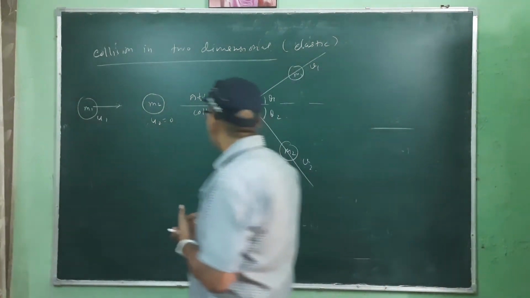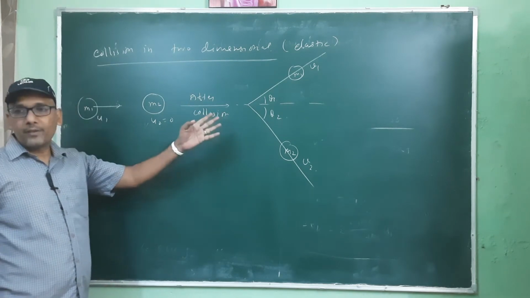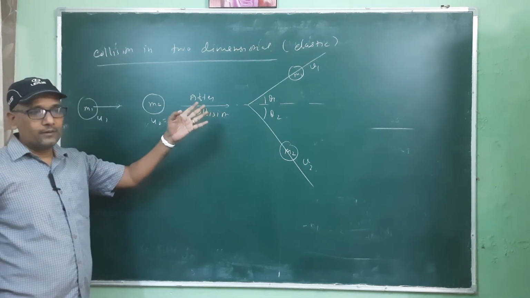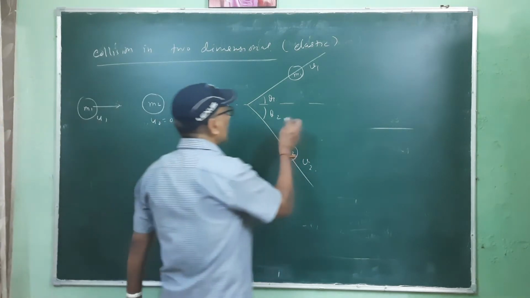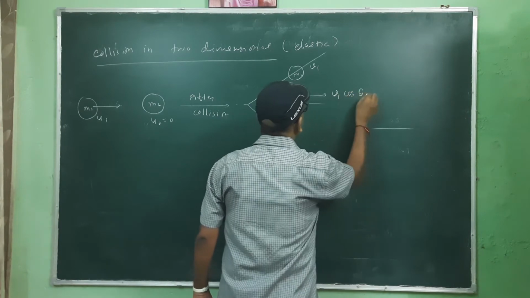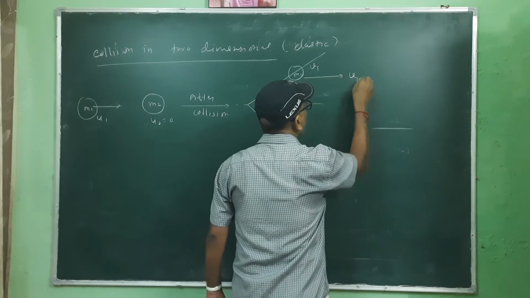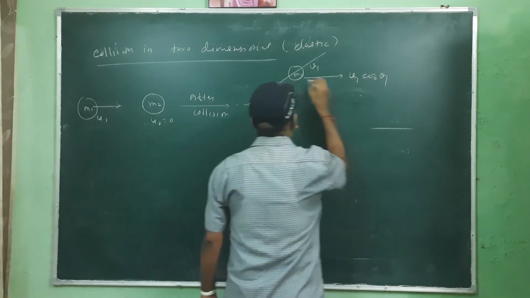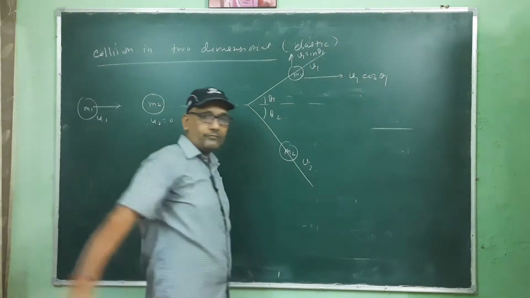Okay, so here this is the two-dimensional case, so we will take the components along the x-axis and y-axis. So after collision, this is v1 cos theta 1, and along this it is v1 sin theta 1.